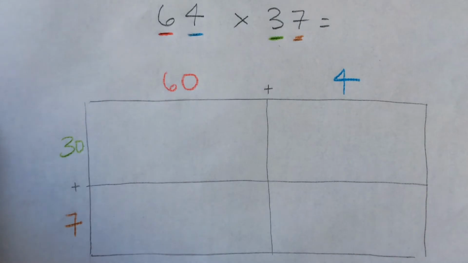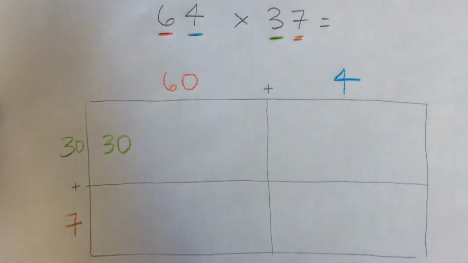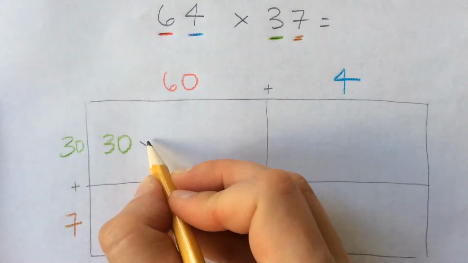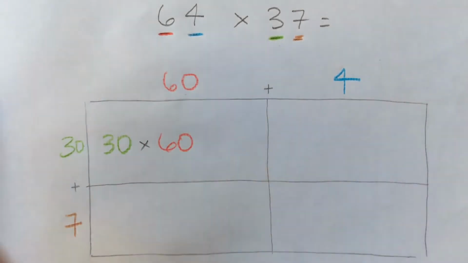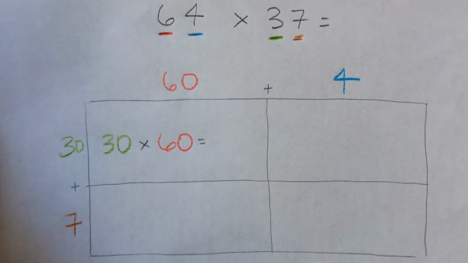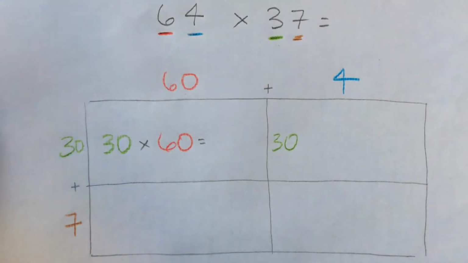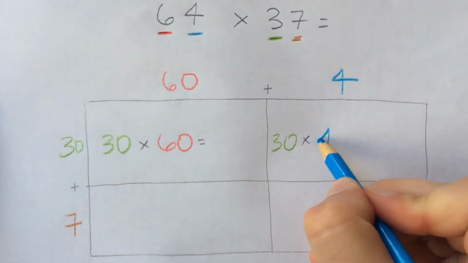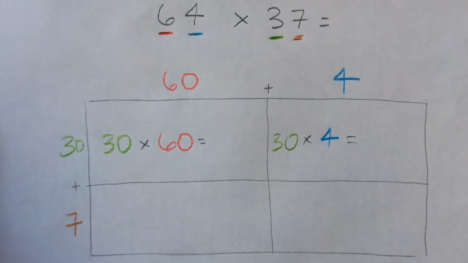So the next step is setting up your multiplication equations so that you can get your partial products. And there's going to be a lot of color pencil changing up in here, but I want to make it very clear. So we see it's 30 times 60. And because it's an equation, you've got to write in the equal sign. And then 30 times 4, and again, equals.